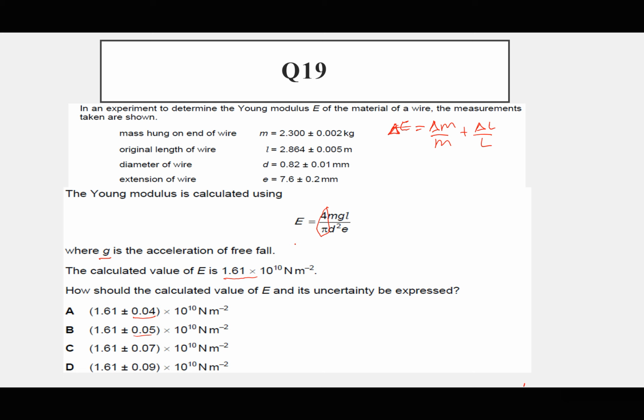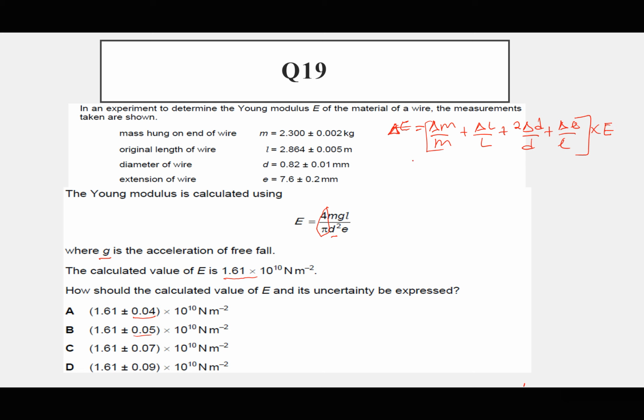Then plus D has a square, so this will be twice the absolute uncertainty in D over D, plus the absolute uncertainty in E over E. We shall multiply this by the true value of E.